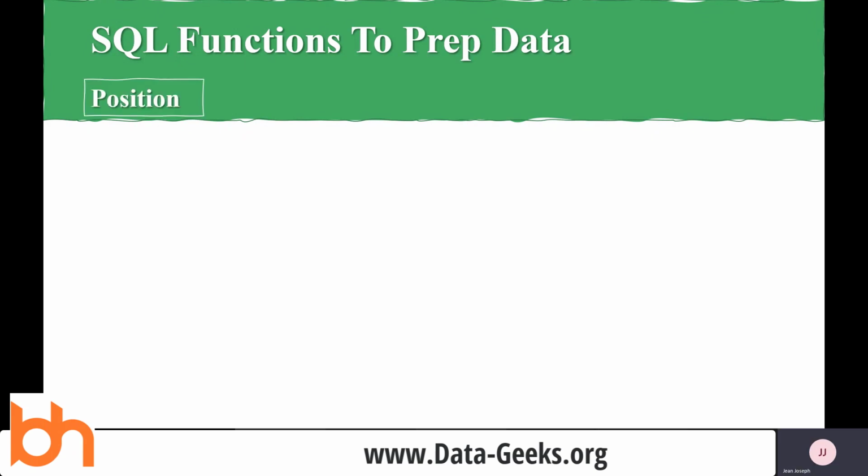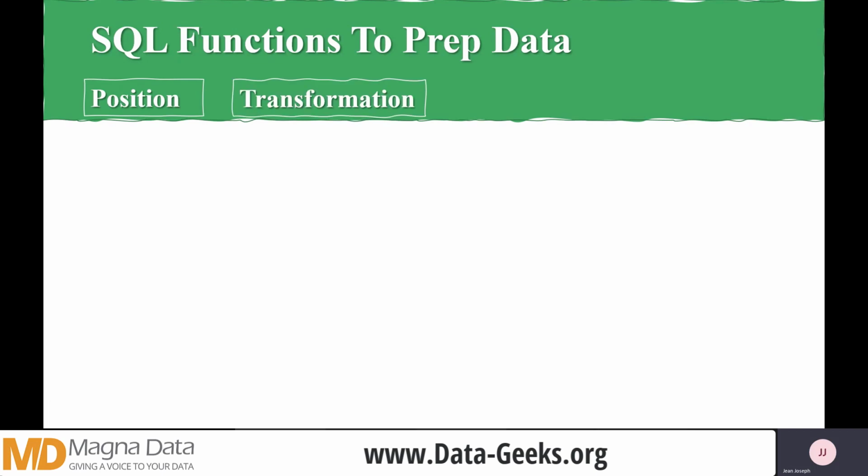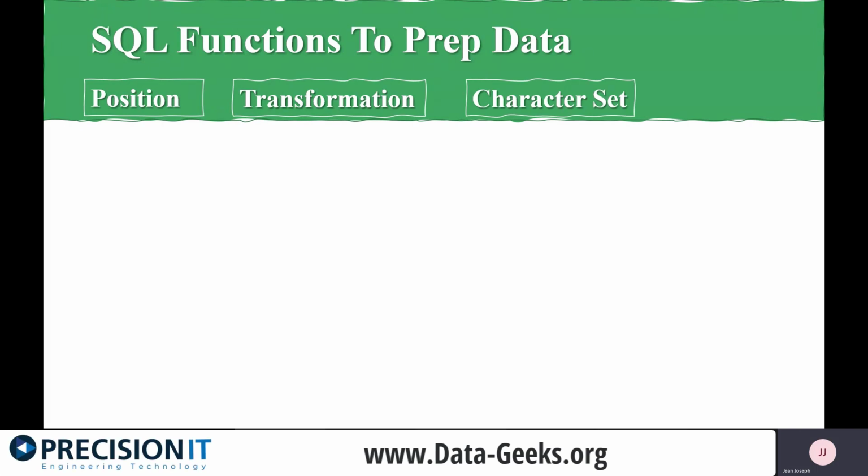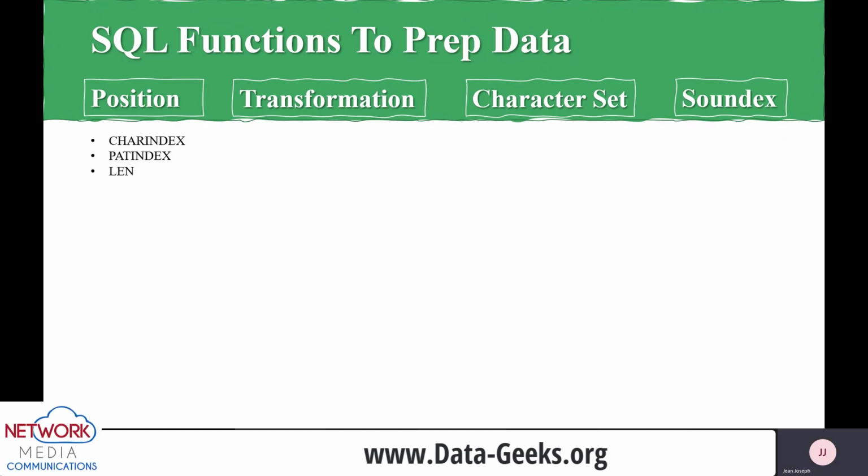The first thing you have to know is the position functions. The second is the transformation functions. The third is the character set. And the fourth is soundex. For position functions, as a data scientist, you have to understand CHARINDEX, PATINDEX, and LENGTH.